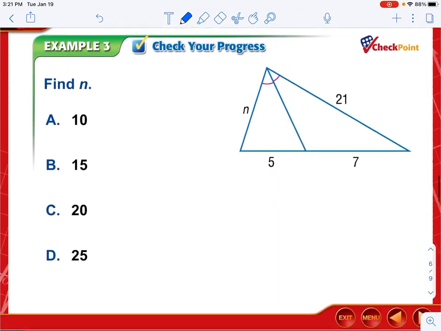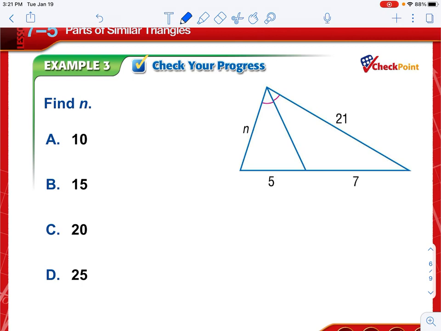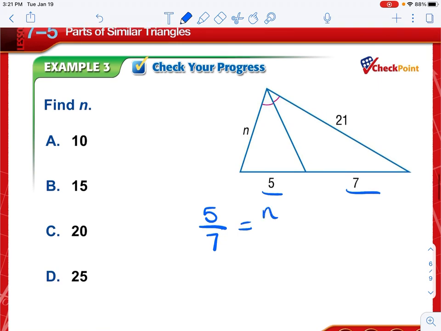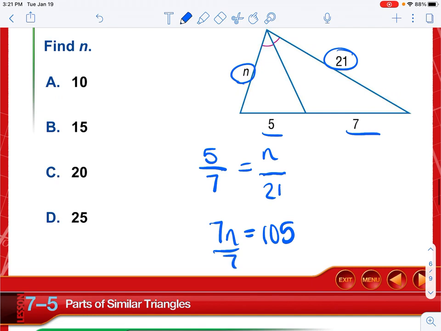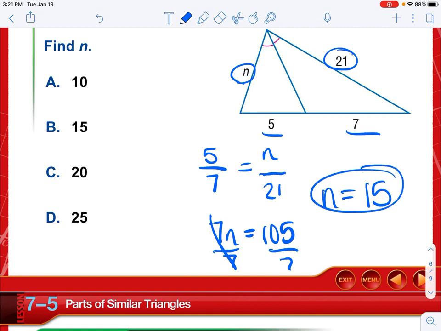And then if we are going to find n, we can do the same thing here. You can do 5 over 7 equals n over 21. You get 7n equals 105. And when you solve for n, you get that n is equal to 15.